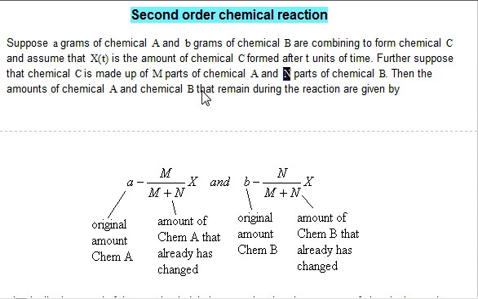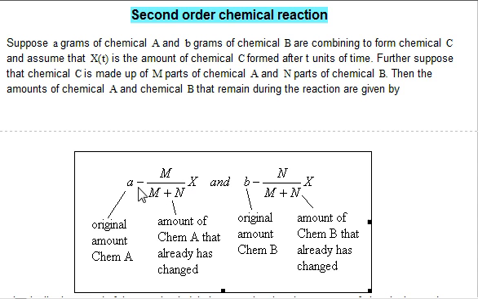Then the amounts of chemical A and chemical B that remain during the reaction are given by the original amount of chemical A minus M divided by M plus N, which is the ratio of chemical A that's already been changed, times X. And B, the original amount of chemical B, minus N over M plus N, which is the percent of X that's been made up of the changed B. Do you get what this is, M over M plus N?